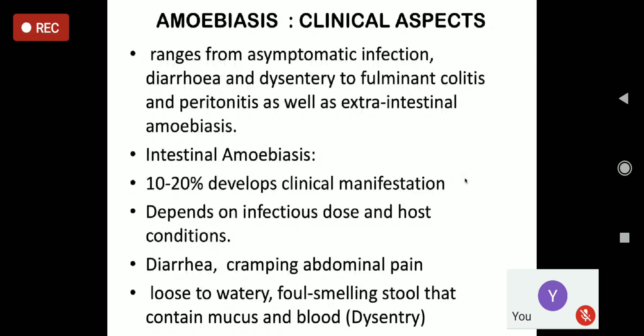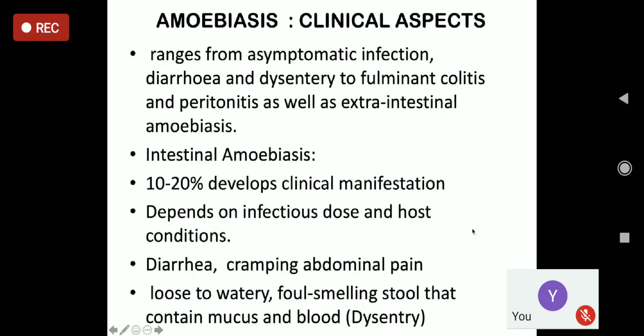But it is very clear that not all infected persons develop clinical manifestations.